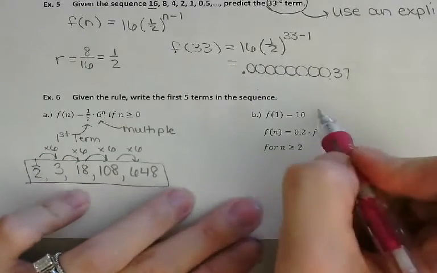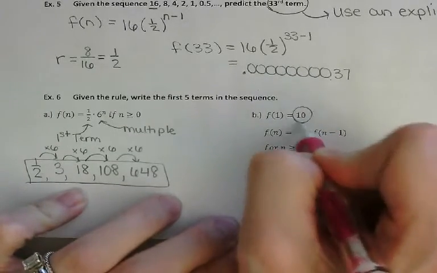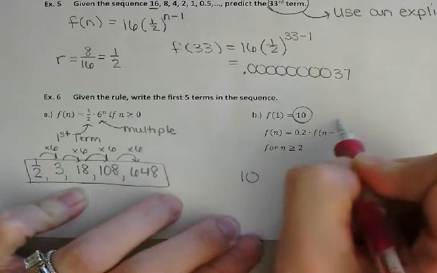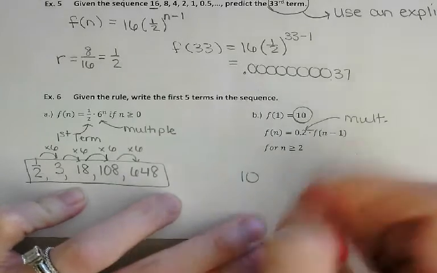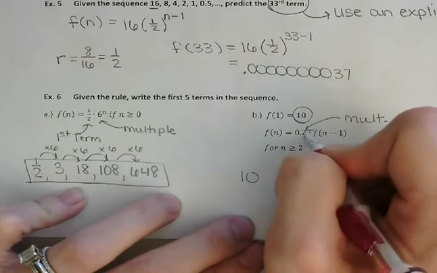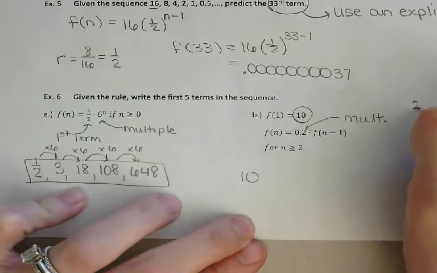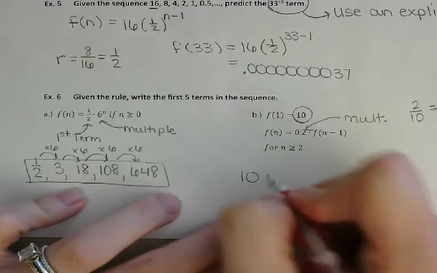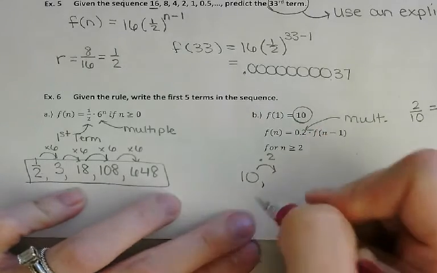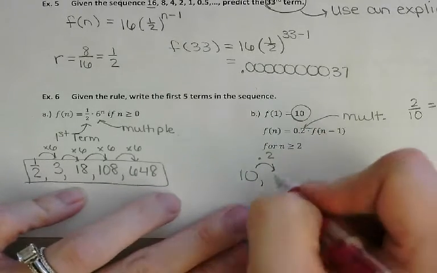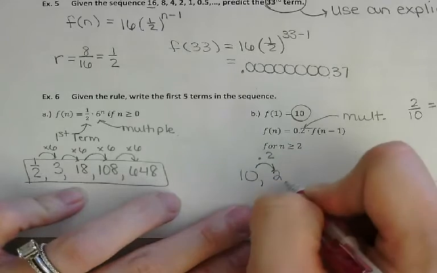Okay. Looking at the next one, they're saying that you're starting off with the first term at a 10, and then this is going to be our multiple. All right, so you could think of 2/10 as the same thing as 1/5. So I'm going to take this times 2/10, or times 1/5, which is going to give me 2.